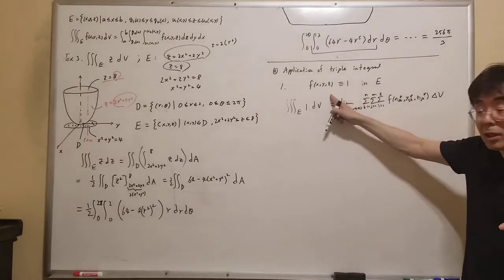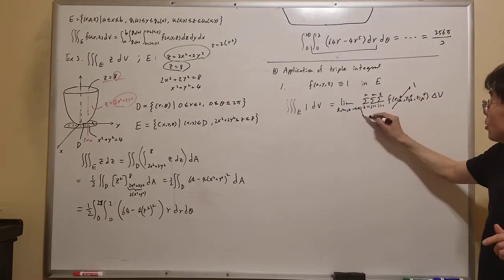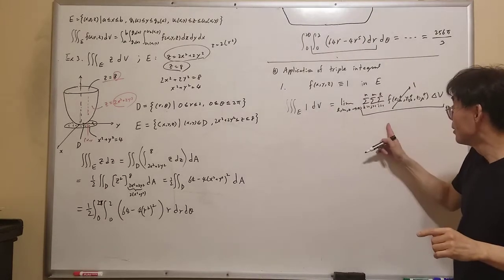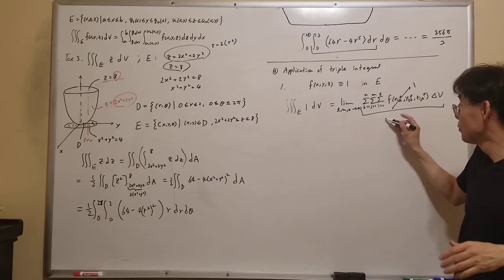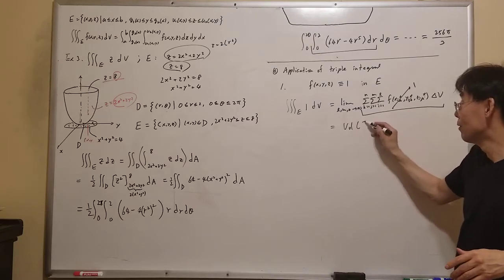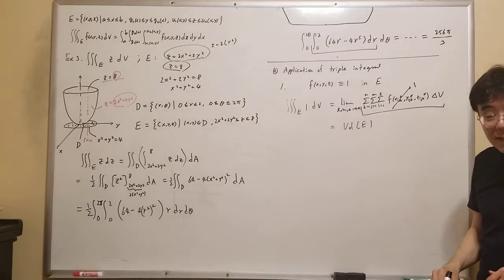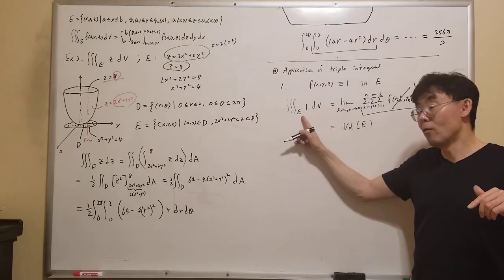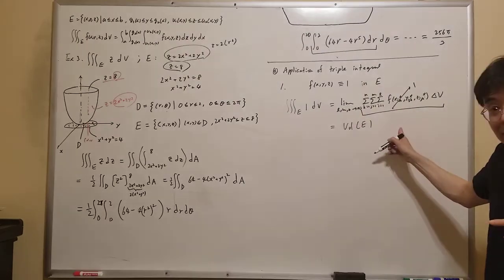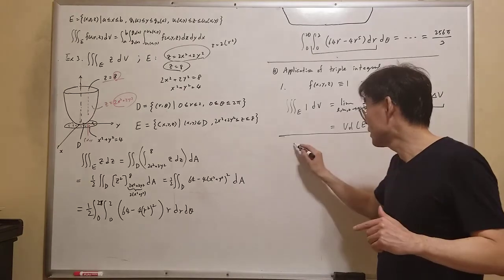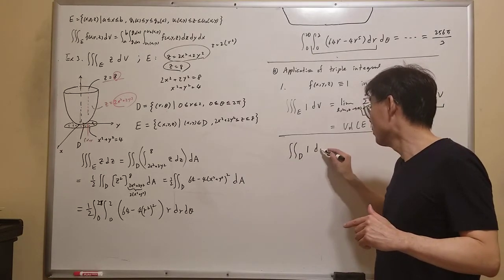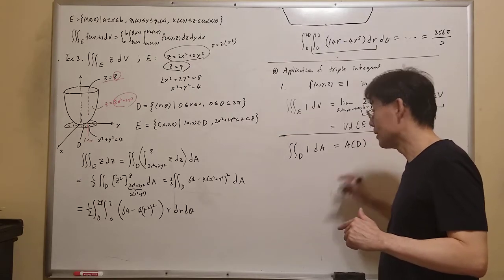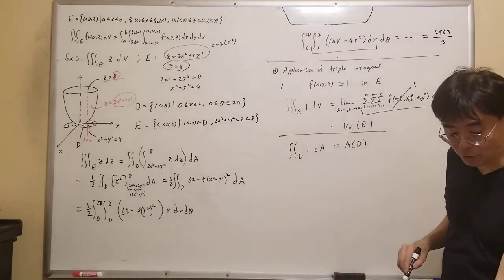But when your function is the constant 1, this is 1. You're adding the volume of each sub-rectangular box. That will always give the entire volume of the region, isn't it? Right? So, the triple integral of the constant function 1 over region E gives you the volume of E. So this is very similar to this. The double integral of the constant function 1 will give you the area of D. Alright? The same idea, just one more dimension.